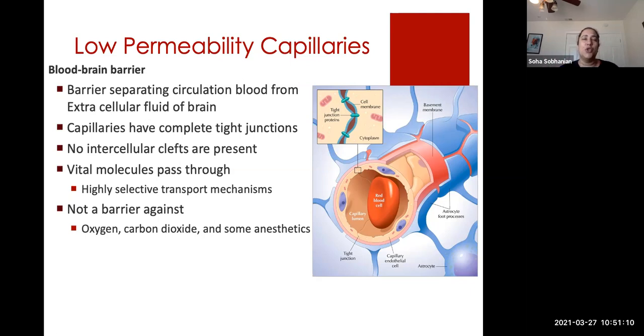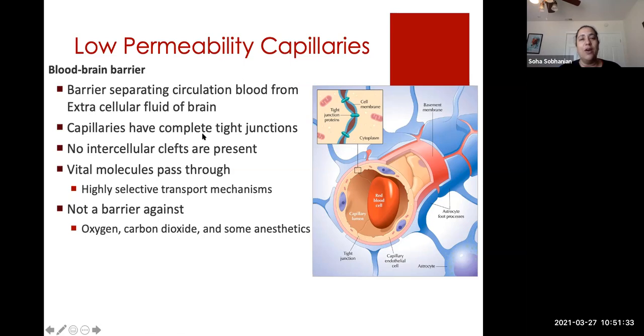Brain tissue is super important to us, right? It literally runs our body. So if you take something, you don't necessarily want your brain tissue to be exposed directly to that. So you create what they call a blood-brain barrier, a barrier that separates your blood supply from your brain tissue.